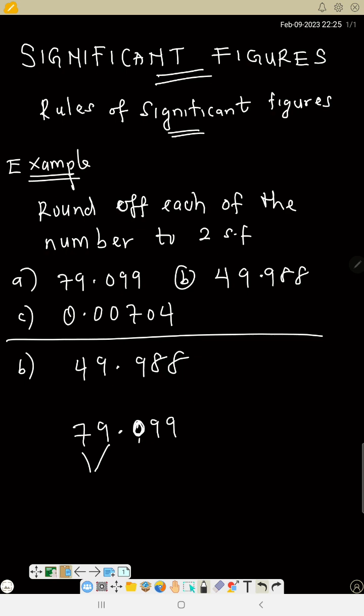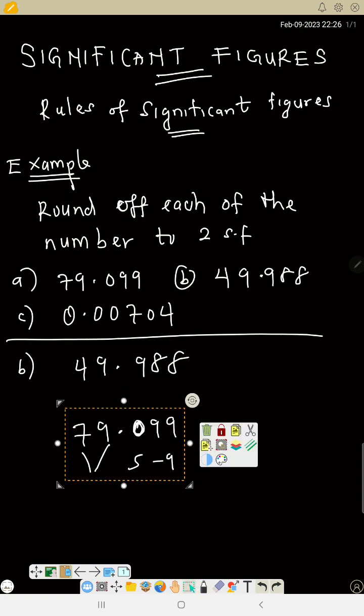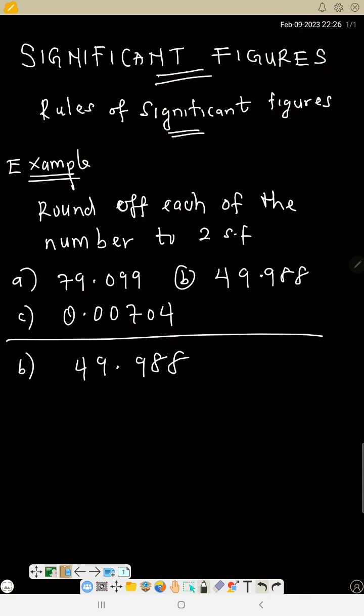So if the number that follows is from 0 to 4, leave this number like that. But if the number that follows where you want to stop is from 5 to 9, remember you are adding 1. Don't forget. So that is why the first one is just 79. Now don't put a point. If you put a point, anything that follows must be significant. Now look at this one.